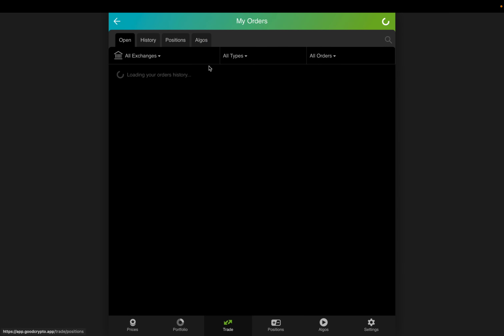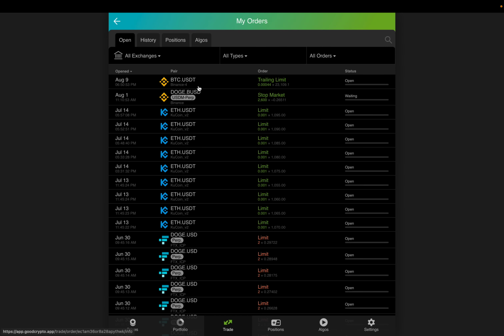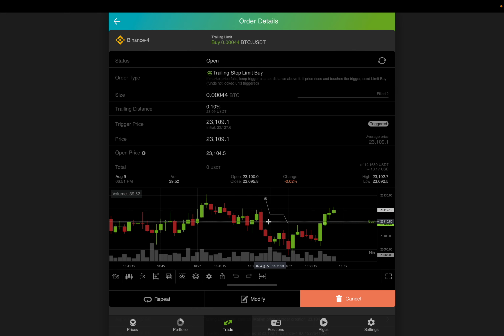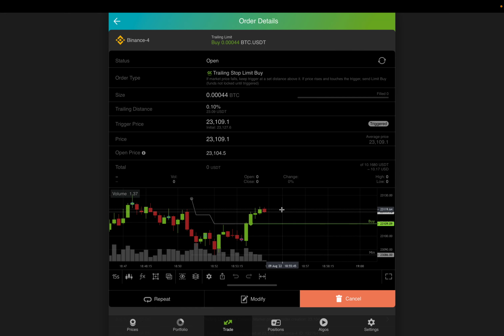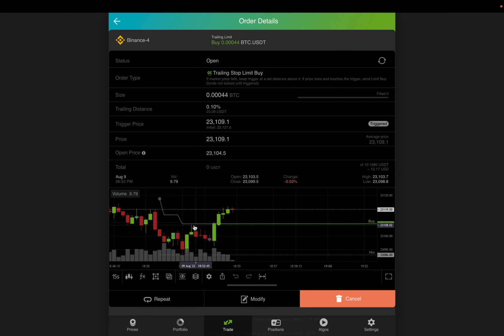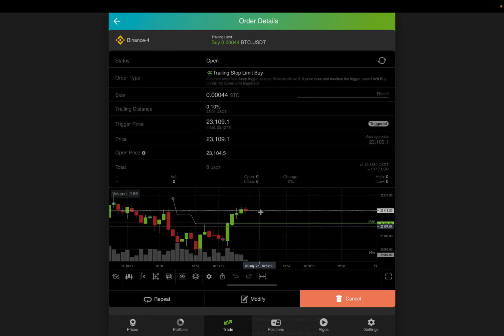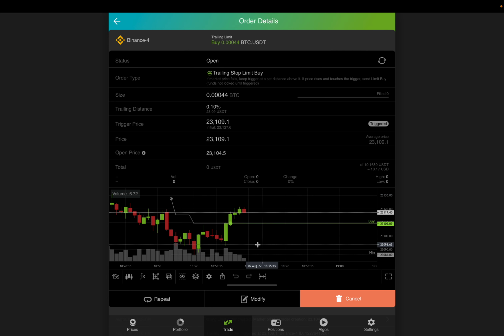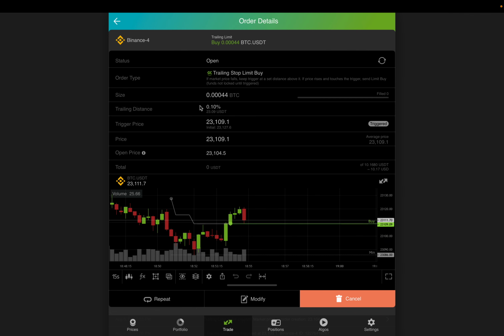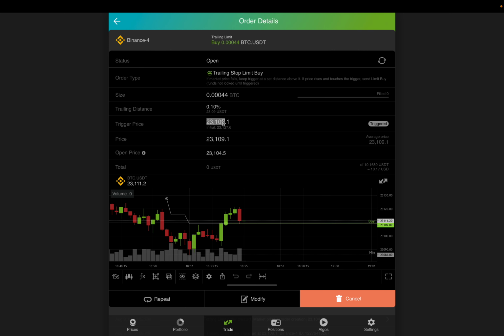But let's see what happens with our limit order. I don't know if it triggered. No, it didn't trigger yet. Okay, here it happened exactly what I just told you. The order triggered here, with actually the absolutely same trigger price, 23,109.1. However, the limit order opened here, the price shot up, and the limit order stays open.